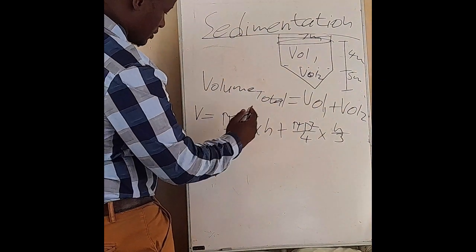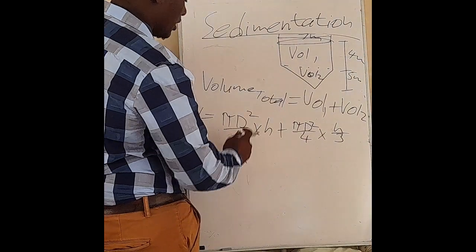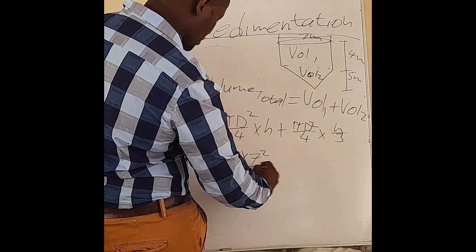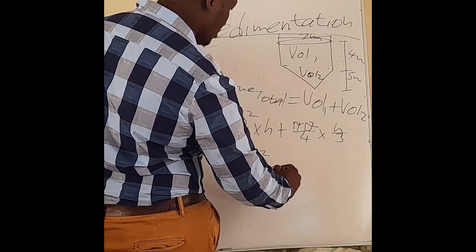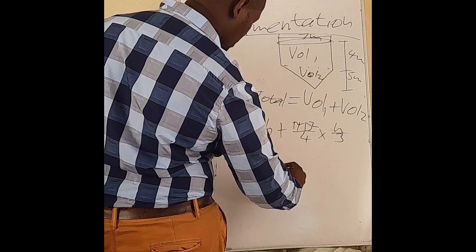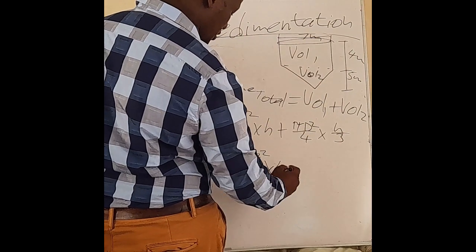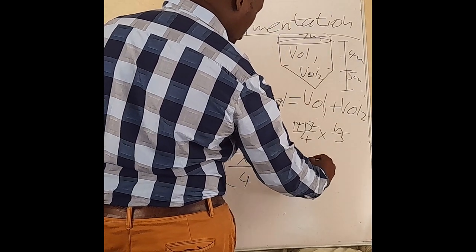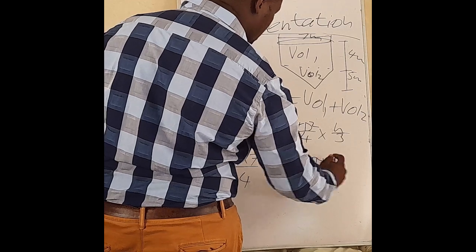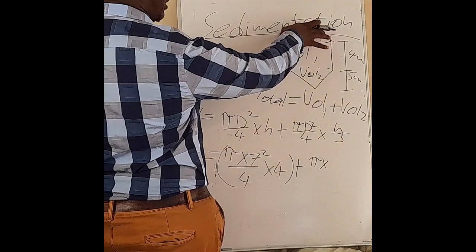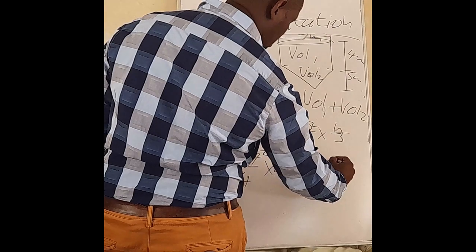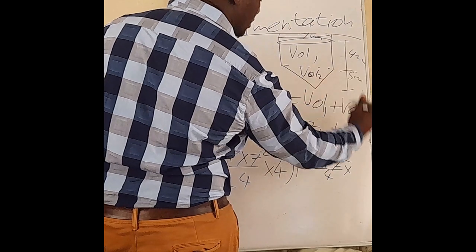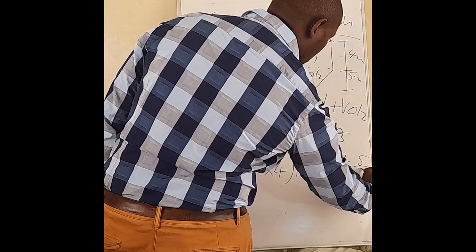Then we'll have pi multiplied by our diameter, 7 meters, squared over 4, multiplied by our height for the cylindrical part, which is 4 meters. So we'll close that off under volume 1. Then volume number 2 is pi, the diameter is still the same, because remember that just comes down like that. So our diameter is still 7 squared over 4 multiplied by our height, 5 meters, over 3.